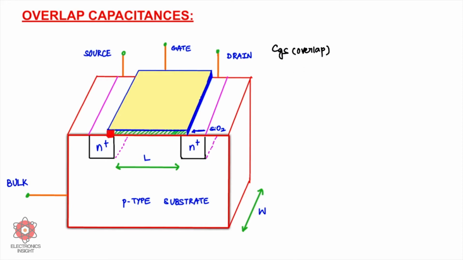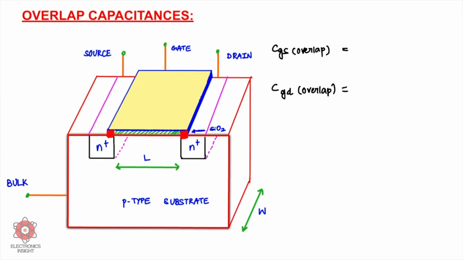which we are going to define, and one more overlap region is there with regard to the drain side, because source and drain both are symmetrical, right? So when they are symmetrical, here also you can see that there is an overlap region between gate and drain. So here also there will be formation of capacitance. That capacitance is going to be CGD, the gate to drain overlap capacitance.